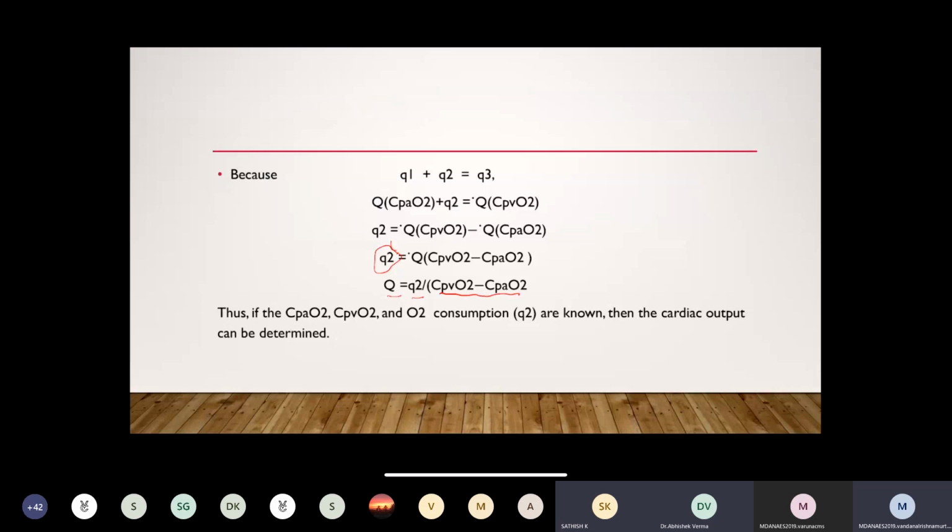Then Q3 is the blood flow through the pulmonary veins into the arterial oxygen content of the peripheral arteries, which we take by ABG, sir. So by the formula, Q1 plus Q2 is equal to Q3.